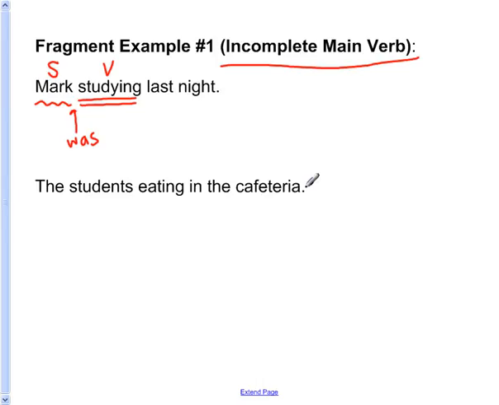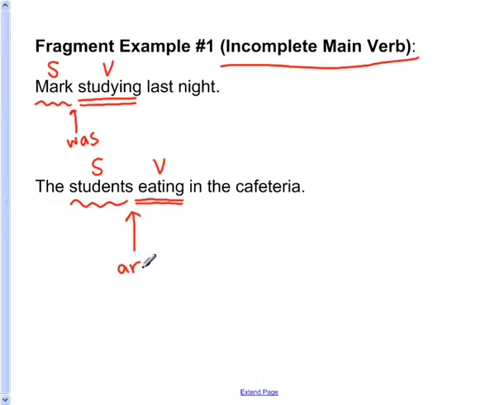Let's look at the second example. The students eating in the cafeteria. Here, eating is potentially the main verb, and students is the subject. However, in this sentence again, we're missing a helper for the verb eating.